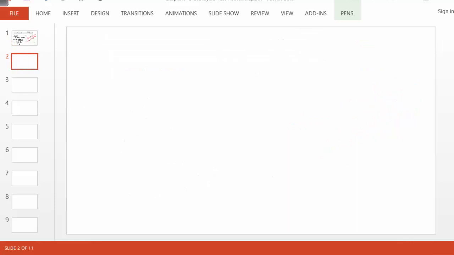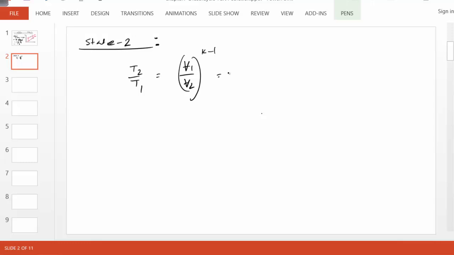So state 2: we know mass is the same and entropy is the same. Therefore, T2 over T1 equals V1 over V2 to the K minus 1. Because mass doesn't change, we can interchange capital V and small v.